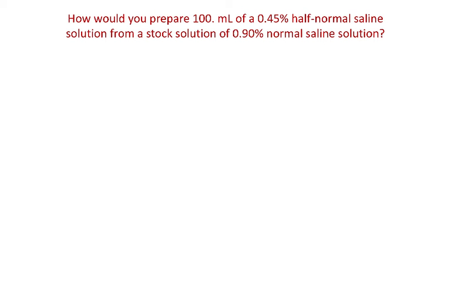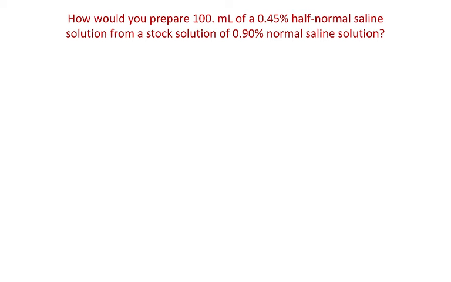Okay, this one says, how would you prepare, so slightly different question, how would you prepare 100 milliliters of a 0.45% half normal saline solution from a stock solution of 0.9% normal saline solution? So as always, you can pause this and answer for yourself.